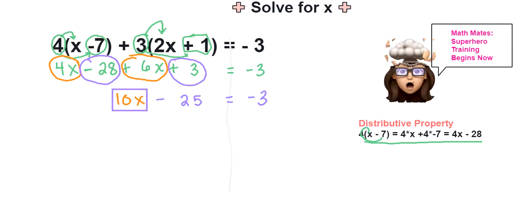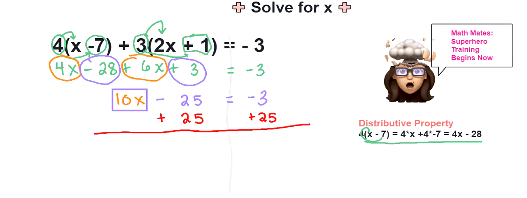I need to move it to the other side of the equation. Since it's a minus, we're going to add. And whatever we do to one side, we have to do to the other. We've got to make sure we stay balanced. Everybody okay with that? So I added 25 to both sides of the equation.